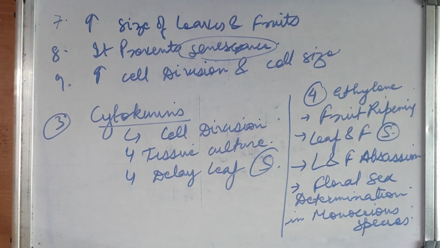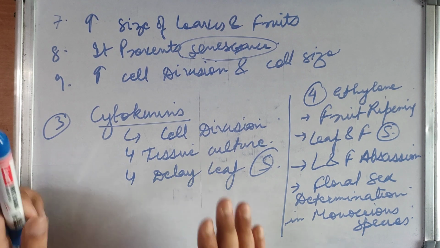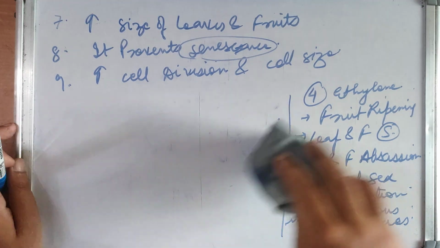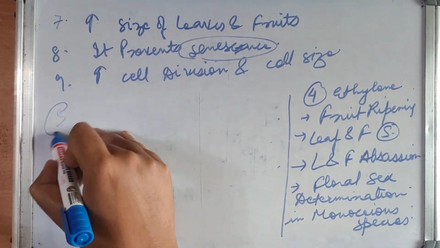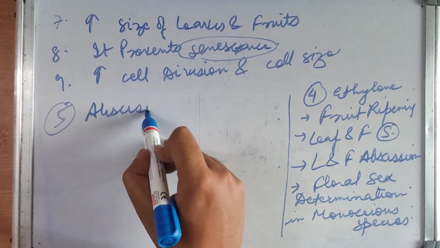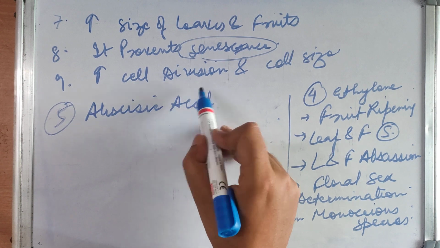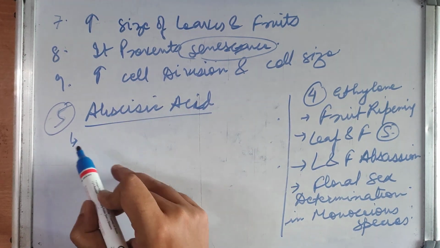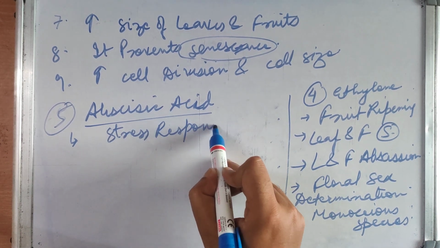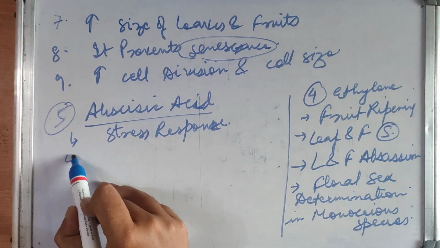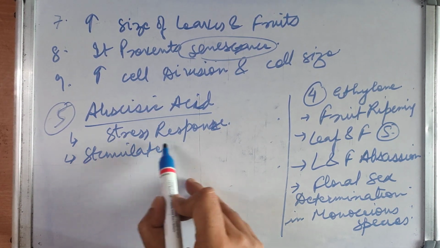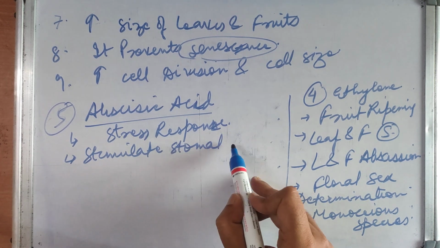Now moving on, what are some of the functions of abscisic acid? Number 5, the functions of abscisic acid. They help in stress response and stimulate stomatal closure, that is why they reduce transpiration.